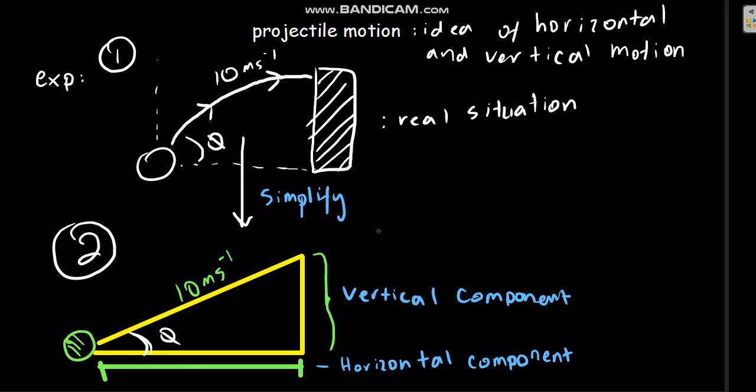You use basic trigonometry to solve this, because physics uses math to explain things a lot. So that's it for this video, and that's the final topic that you should know, and I'll see you next time.